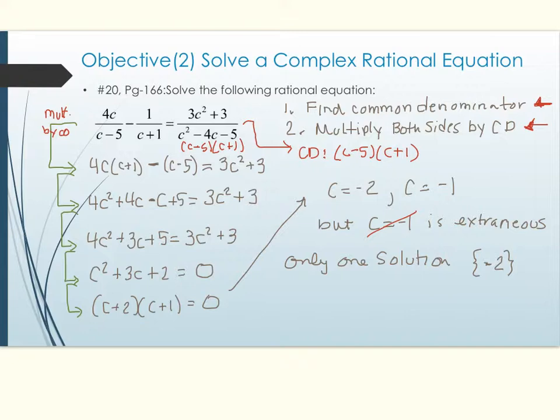So we're going to multiply through by the common denominator, and when we do that we get 4c times c plus 1 minus c minus 5 is equal to 3c squared plus 3. Notice that when we multiply by the common denominator, we remove the fractions from the equation.